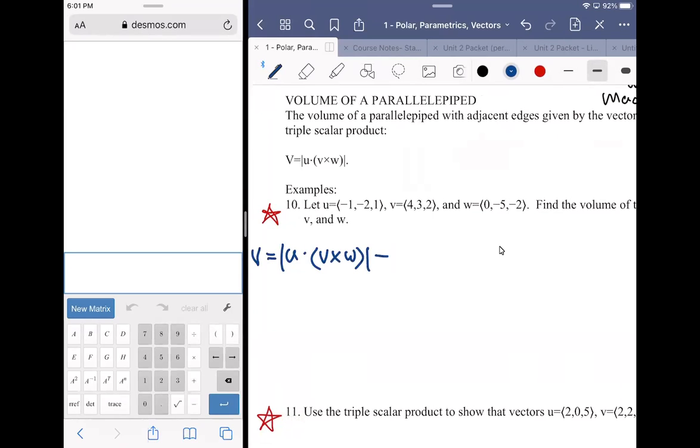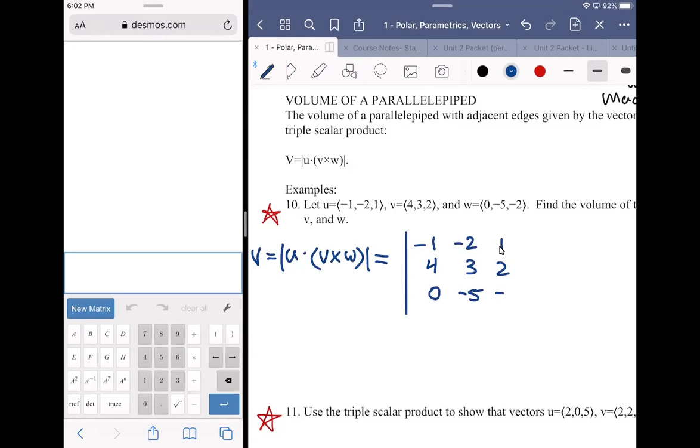So the setup tells us that we are looking for, use my line draw tool here. So -1, -2, +1, 4, 3, 2, and 0, -5, -2.